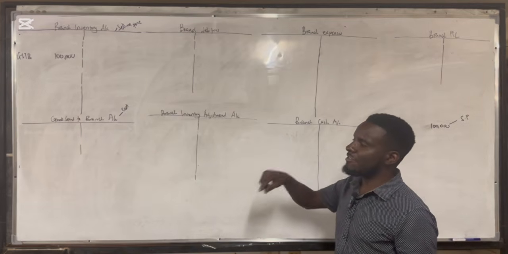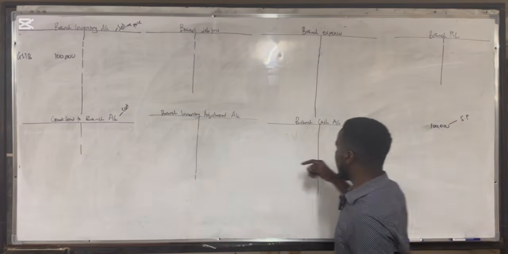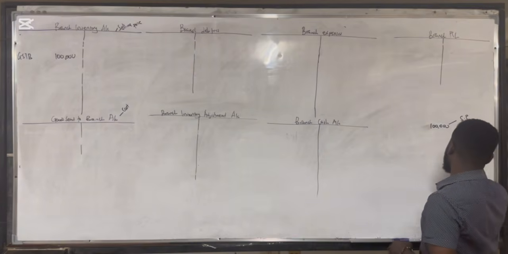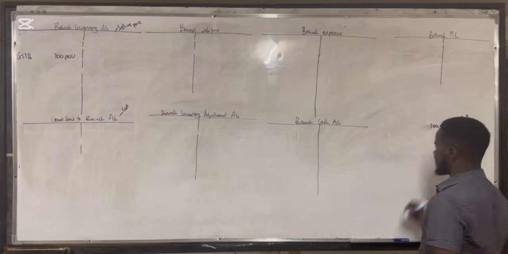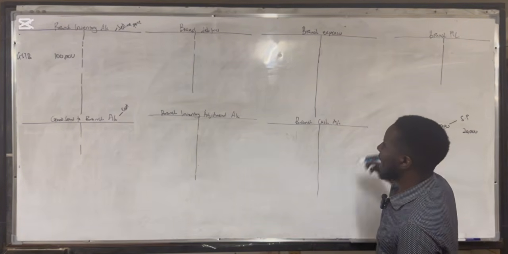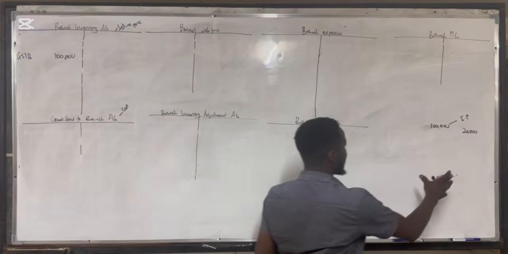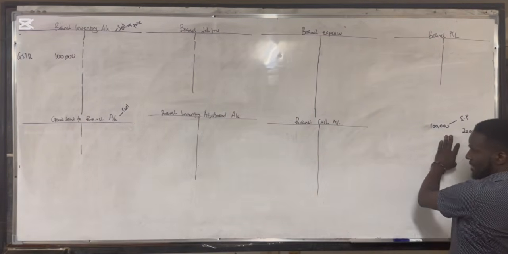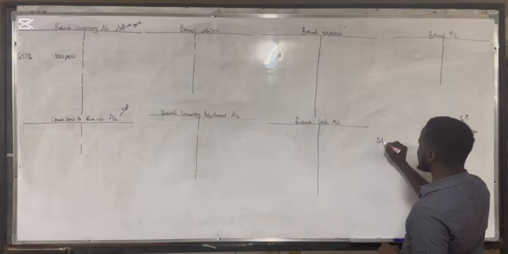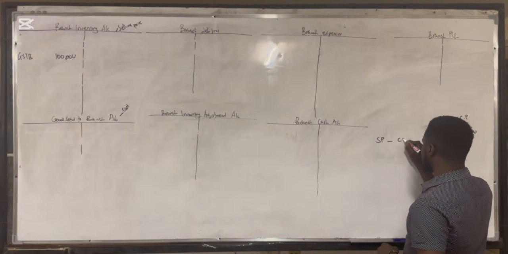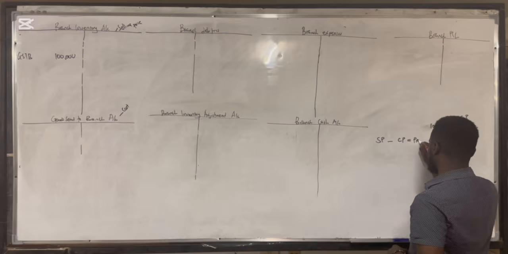And the markup that I've put there is, let me say, 20,000. So 20,000 is the profit element. So meaning that I have 100,000 as my selling price, and then I have 20,000 as my profit element. So meaning if I get selling price minus cost price, it should give me the profit element.